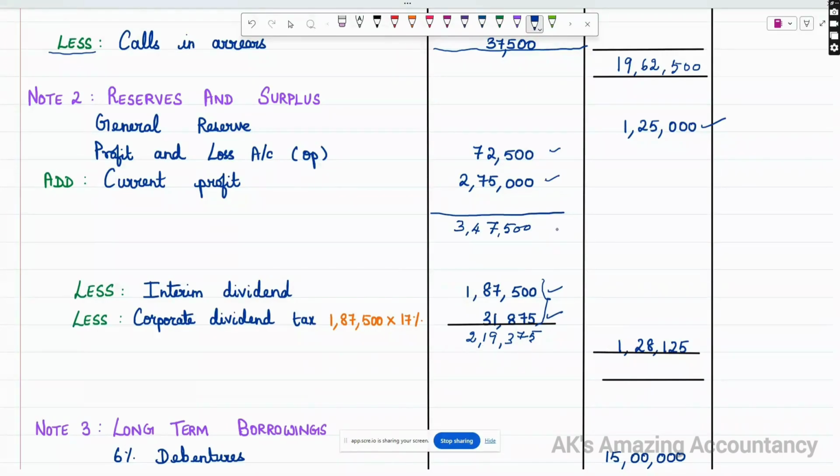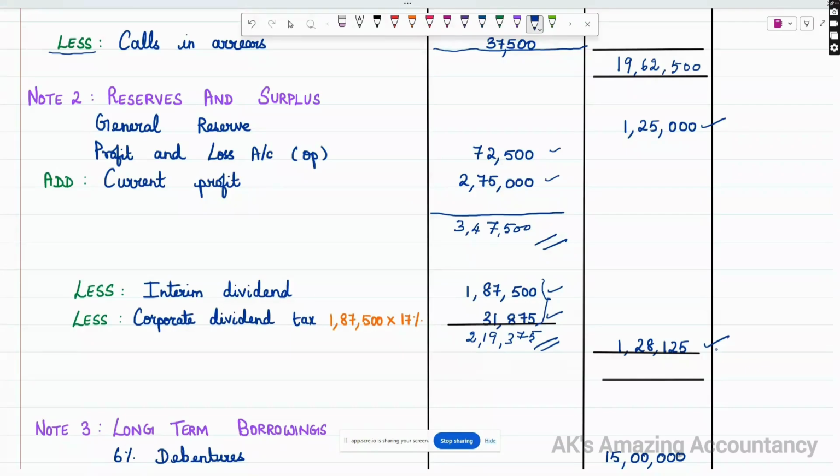Okay, from 3,47,500, if you deduct 2,19,375, you'll be getting 1,28,125. So you can just do this and see whether you're getting this amount.